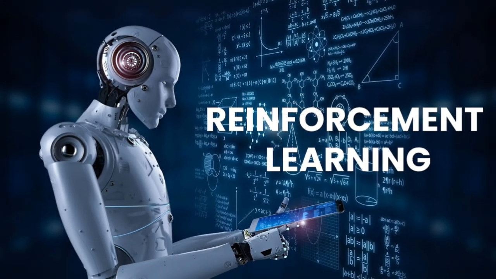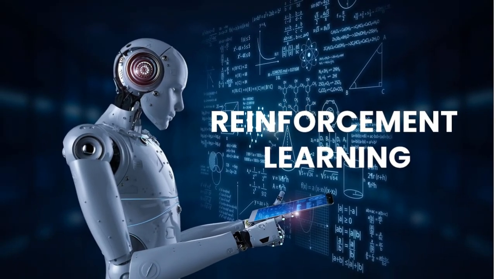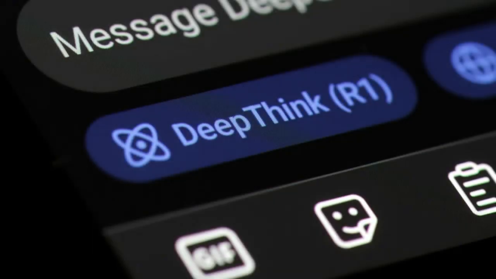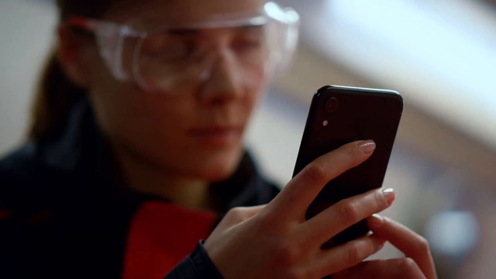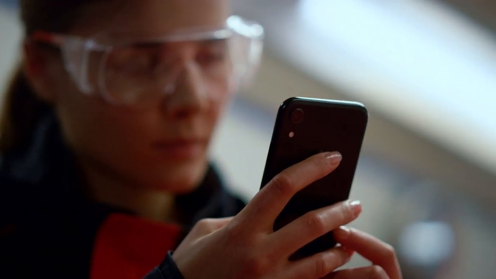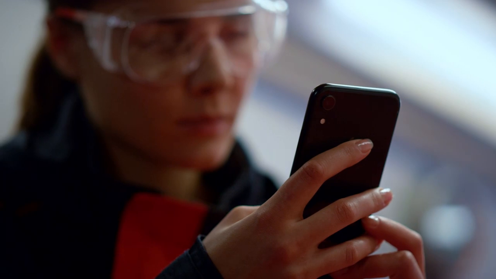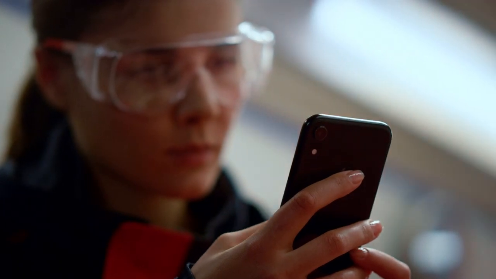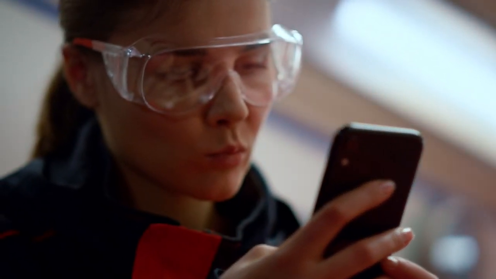One last thing, here's a bonus tip to blow your mind. Deepseek has a reinforcement learning mode that adapts to your style over time. The more you use it, the better it gets at predicting your needs. Imagine you're using a search app to find the best answer to a question. At first, you might click on random results, some of which are helpful while others are not. Over time, you start recognizing patterns.